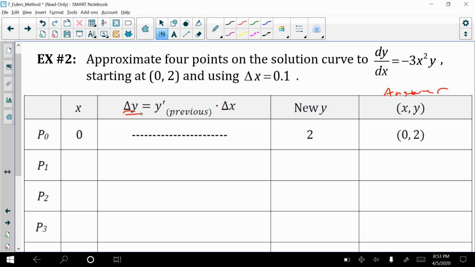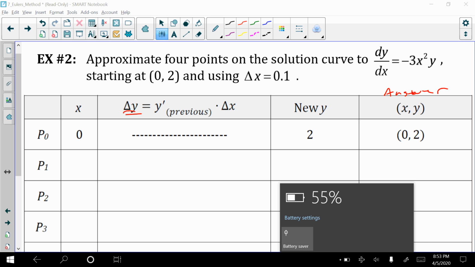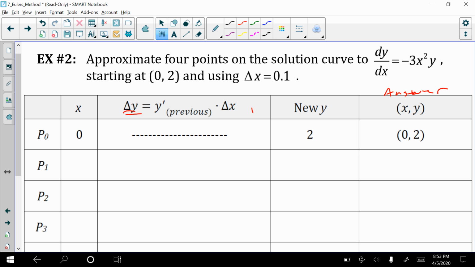The change in y is still going to be the previous y prime times delta x, and we would take whatever that expression is and add it to y naught, or our previous y value, and that's how we get our new y value.